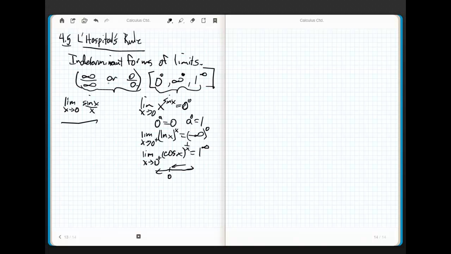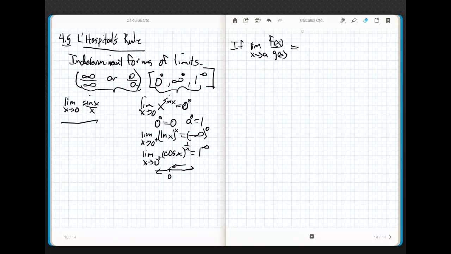So let's start with these guys first, and let me give you the rule. It's so simple. If the limit as x goes to a of f of x divided by g of x equals, well, I'm going to leave kind of a question mark here because it doesn't really equal. Instead of a question mark, let's use an implied arrow.